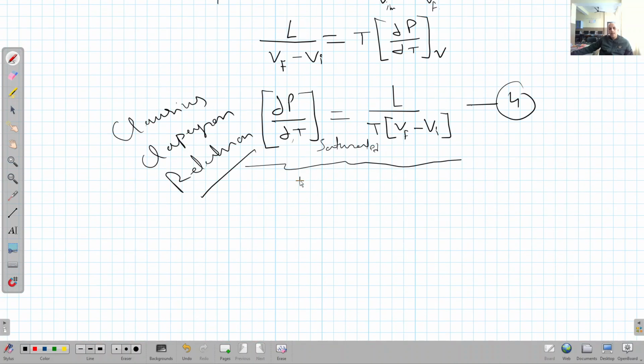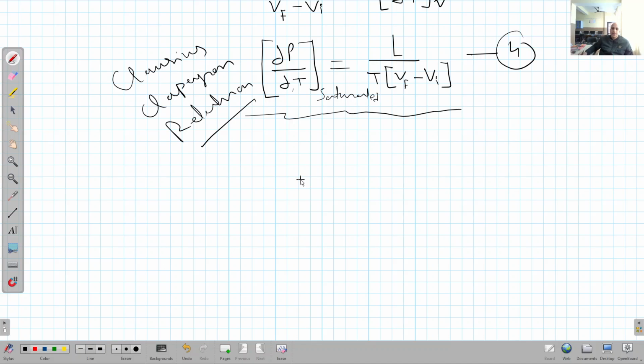Right? Now, what is the utility of this relation? You can make an interpretation of this relation. From this relation, it is clear that the right hand side is positive, as V final is more than V initial. So it means (∂P/∂T) saturated is positive.